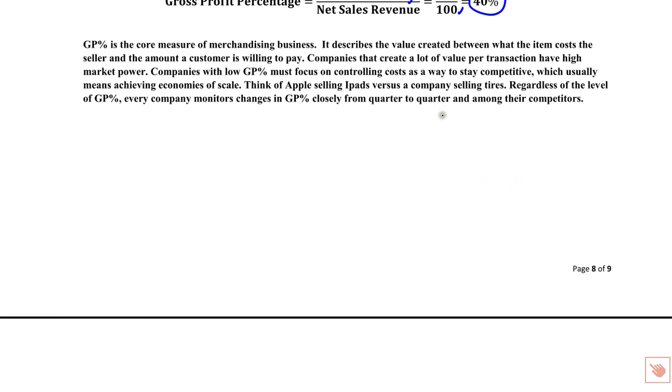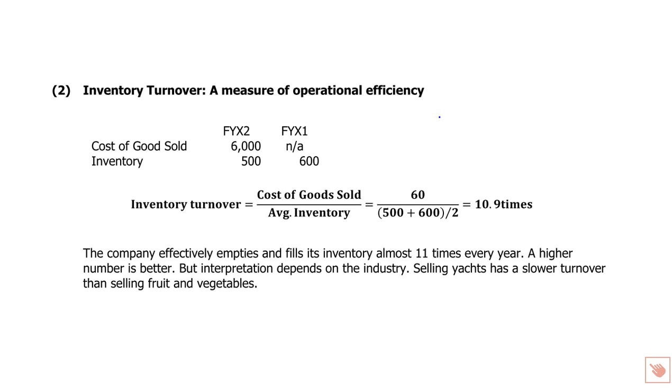All right. So the other operating metric we have is inventory turnover. You take the cost of goods sold over the average inventory. So this is beginning inventory. This was ending inventory divided by 2. And let's see, cost of goods sold was $6,000.